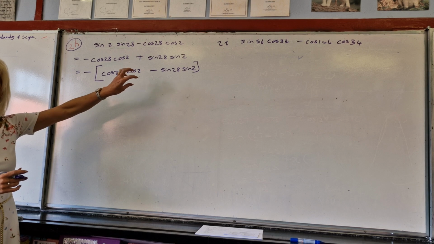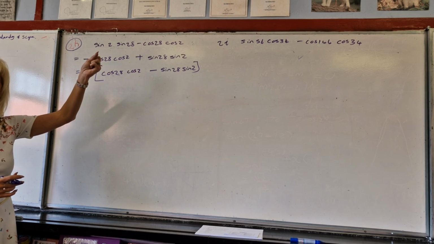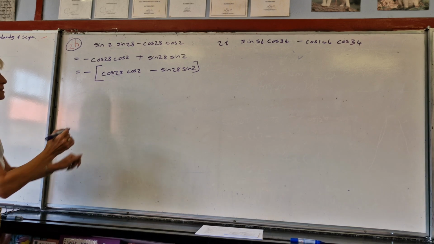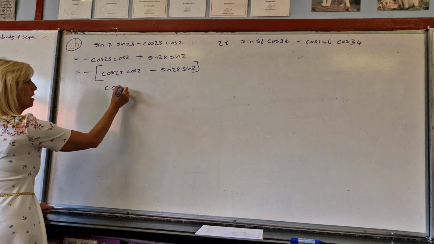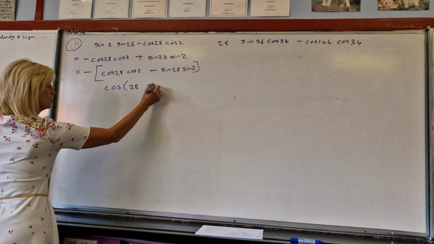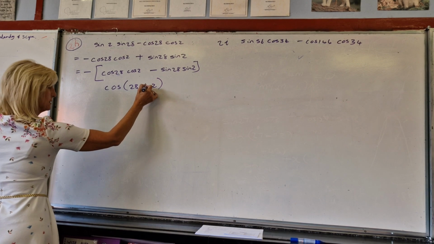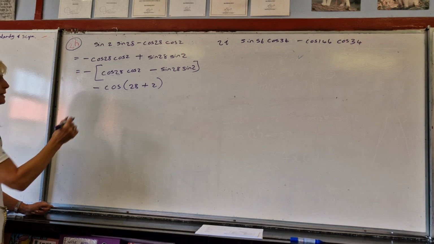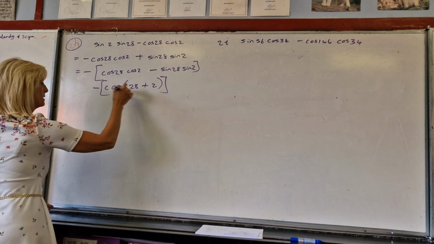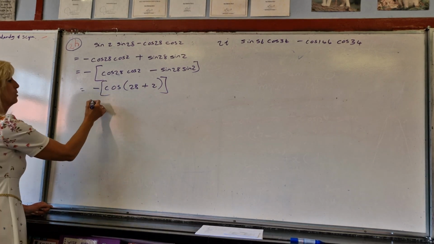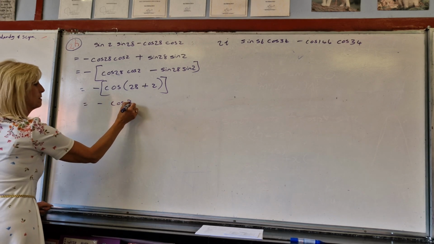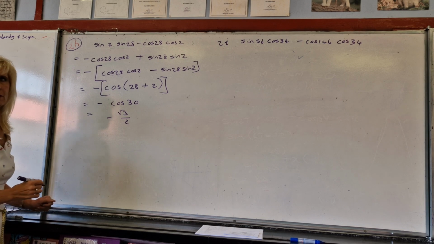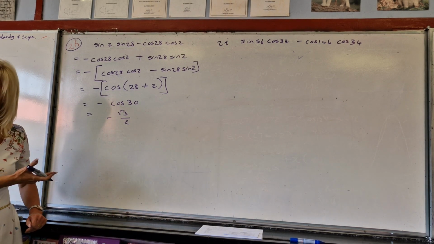Now I know that that middle part is the compound angle of cos. So it's going to become cos of angles 28 and 2 with a plus. But the minus on the outside will stay on the outside, and if you still wanted to have the big brackets, it's fine. So it'll be negative cos 30, and cos 30 is root 3 over 2 with the negative in front.